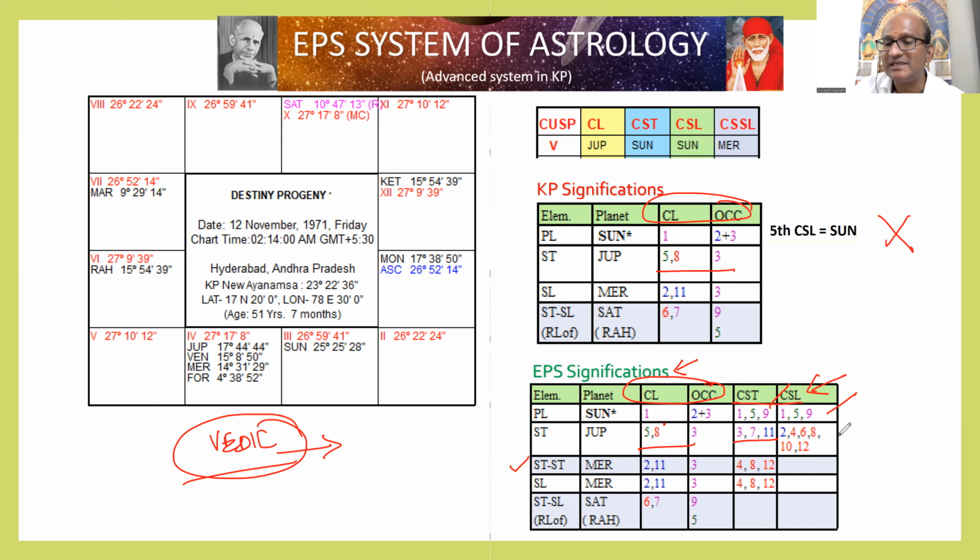But you look at the cuspal sublord signification of Jupiter: it is 2, 4, 6, 8, 10, and 12. These significations are not supporting 5 and 3, though this fifth house is further supported by all these things, but the result is unfavorable. They are detrimental.